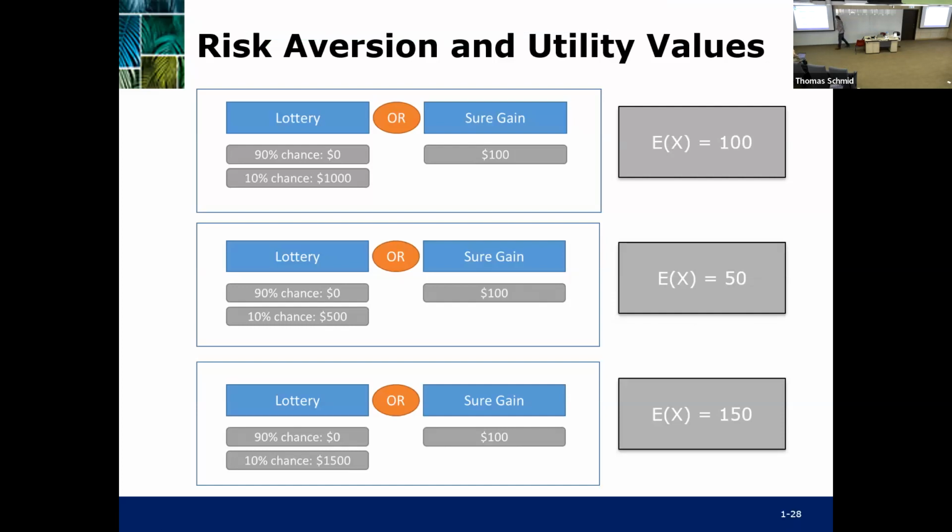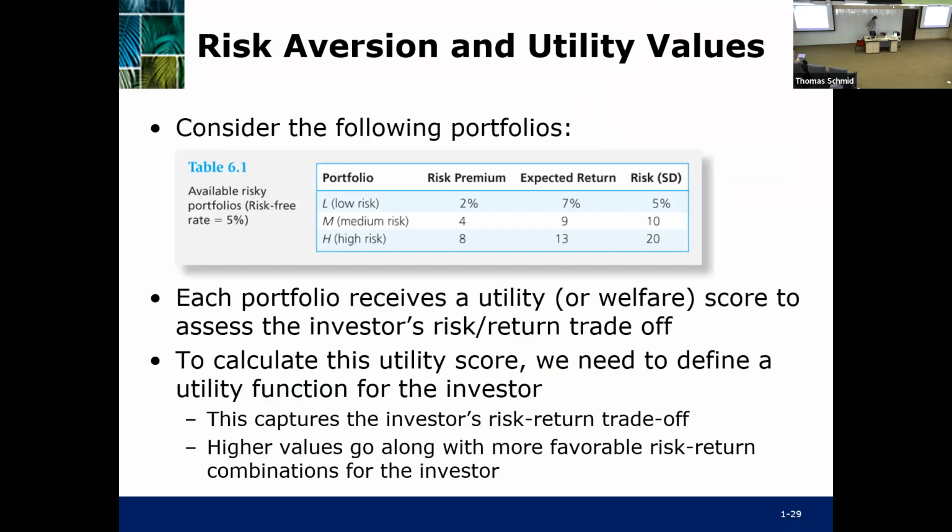Okay, so last part for today. Now that we have a better understanding about risk aversion, let us take what we have learned to an example that is closer to investment.